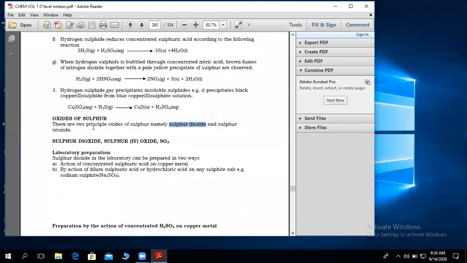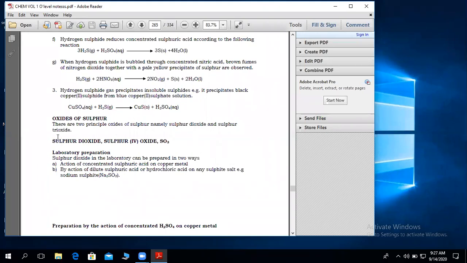Another person may ask you, what is the class of these oxides of sulfur? Remember, sulfur is a non-metal, so its oxides are acidic. Sulfur dioxide is an acidic oxide, and sulfur trioxide is also an acidic oxide.